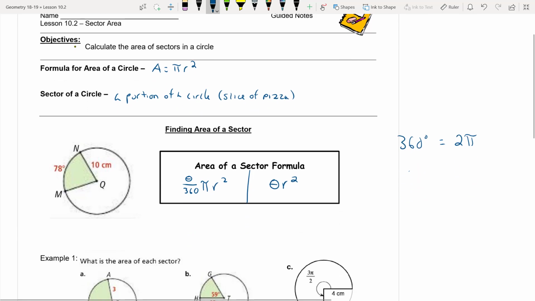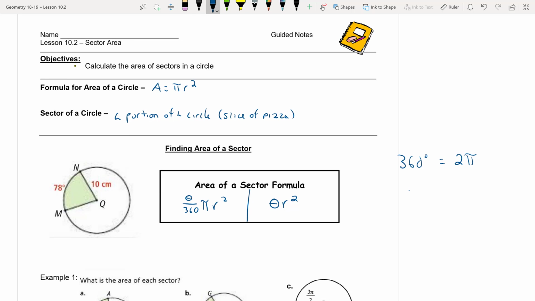So if we're looking at this example over here, this one would be 78, which is the arc measure they gave me for NM, over 360, and we're going to multiply that by pi times 10 squared. So if you do that quickly, we're going to leave everything in terms of pi, just like we did with our arc length. So 10 squared is 100, so I've got 78 over 360 times 100 pi.